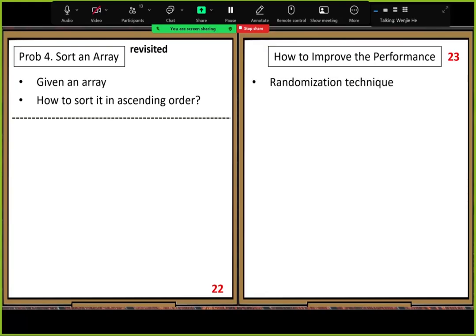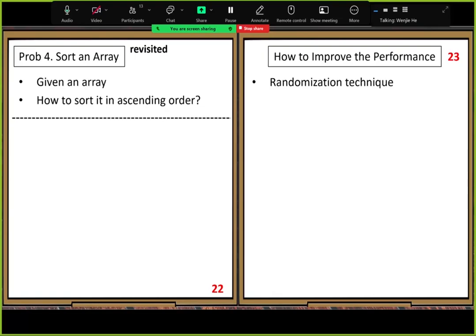One idea is called the randomization technique. What's that? Before you apply the partition step, you do a randomization step. If you do not do randomization, you use the last element as the pivot, or the first element, based on our standard partition step.